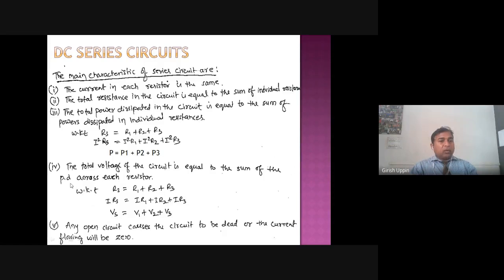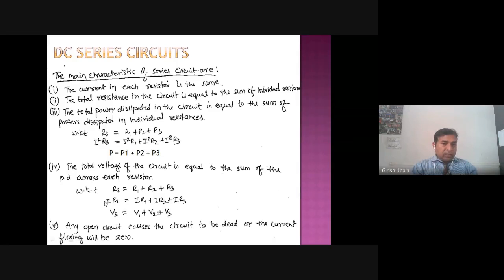Next, the total voltage of the circuit is equal to the sum of the potential differences across each resistor. So how to prove that? Same, Rs is equal to R1 plus R2 plus R3. Multiply by I on both sides. What we get is I into Rs is equal to I R1 plus I R2 plus I R3. And from Ohm's law, we know that V is equal to IR.